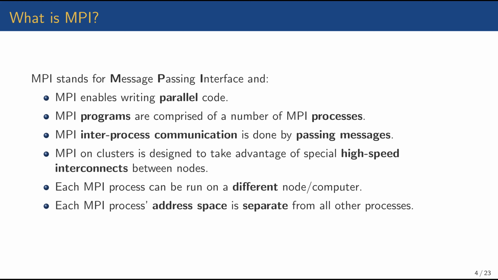There are different kinds of interconnects, different speeds, different hardware vendors, different API calls, and nicely it's all hidden in the internals of MPI. So when you write an MPI program, you don't have to worry about that.